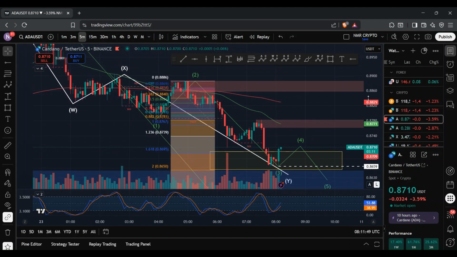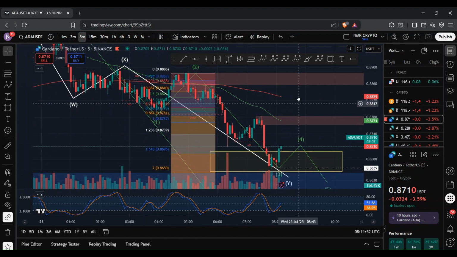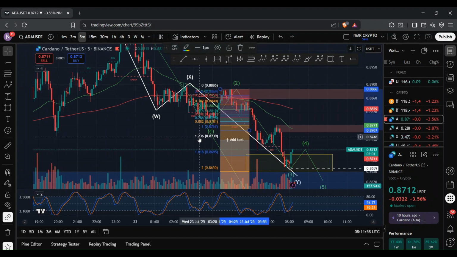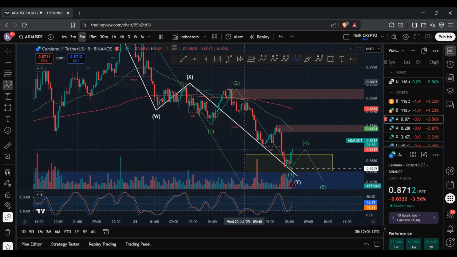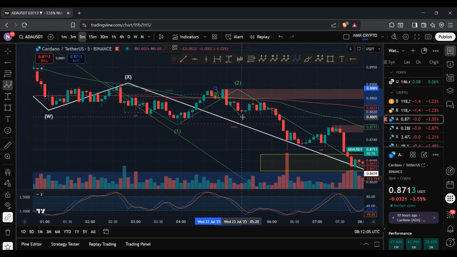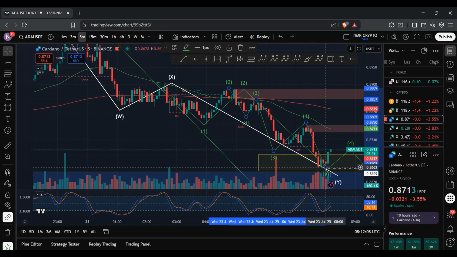So what I do is check to see if the internal structure within this wave 3 is now complete, where this 3rd wave will have to be made up of 5 waves. So if I remove this fib tool and draw that in, it looks like we had a wave 1, wave 2, wave 3, wave 4, and a wave 5.